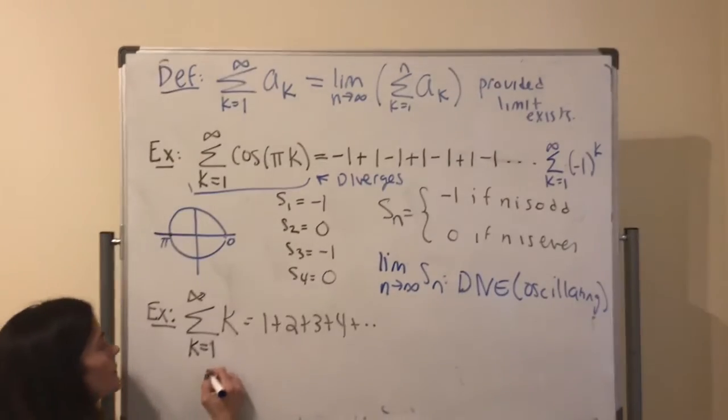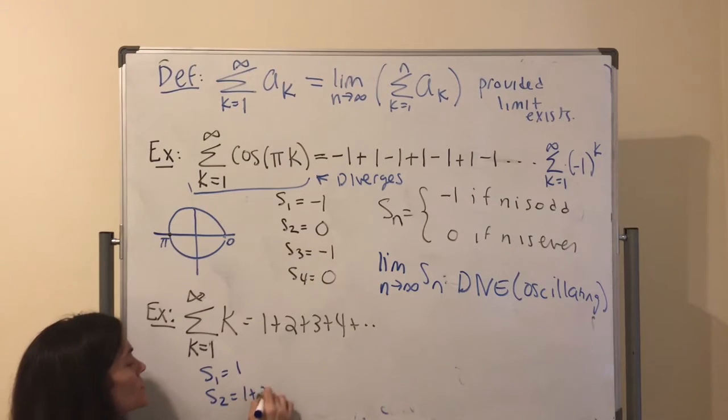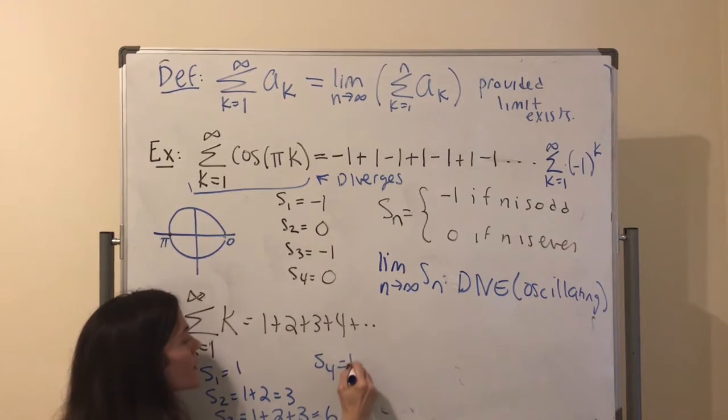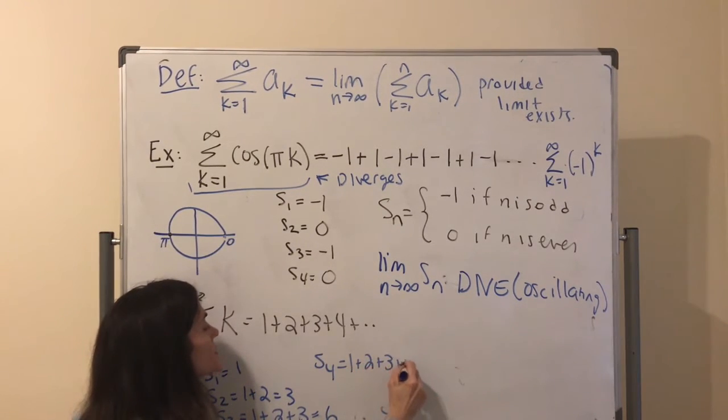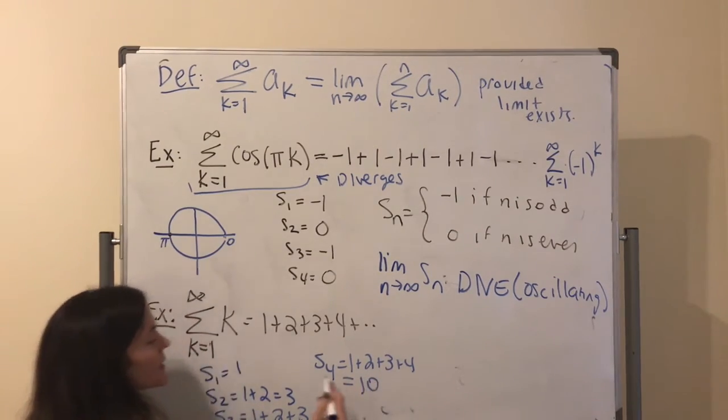S1 is 1. S2, 1 plus 2, which is 3. S3, 1 plus 2 plus 3, this is 3 and 3 is 6. I'll do one more. 1 plus 2, 3 plus 4, this is 5 and 5, this is 10.